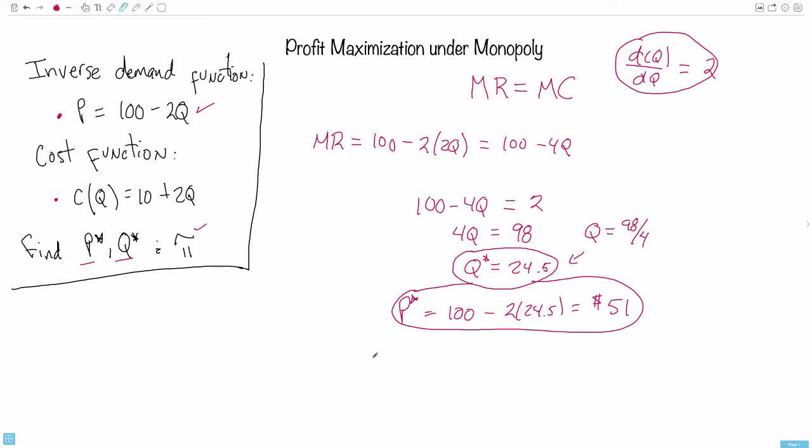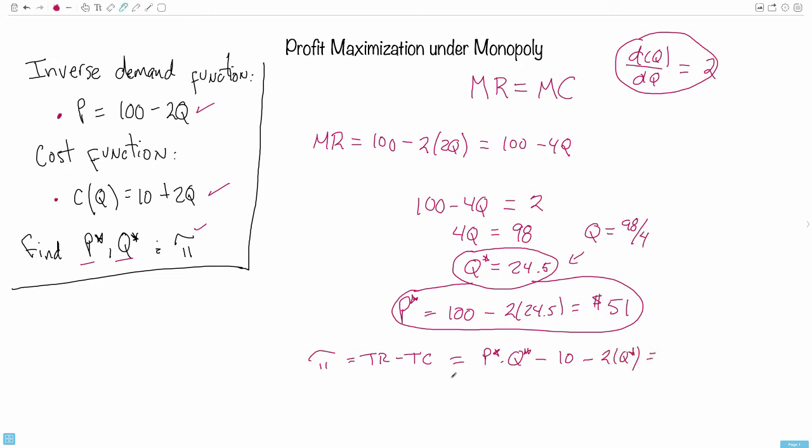And finally, you are asked to calculate profit, which, once again, if you remember, profit is equal to total revenue minus total cost, which in this case is equal to P star multiplied by Q star minus the total cost, which you are given here, is going to be equal to minus 10 minus 2 times Q star.